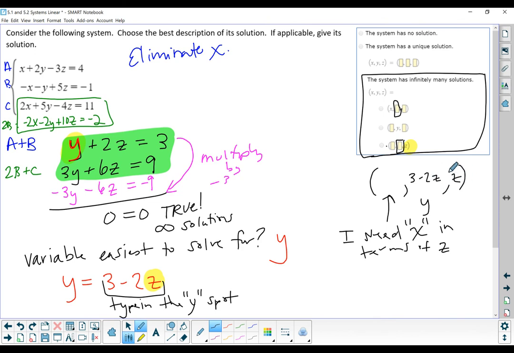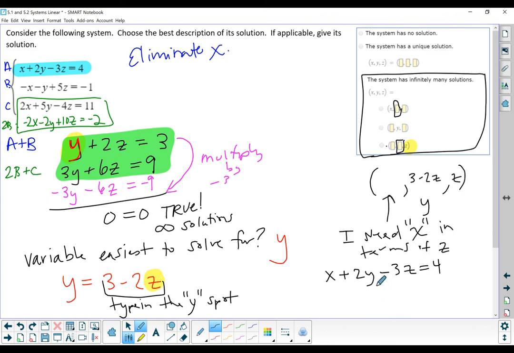We're doing this all in terms of z. So I'm going to use this very top equation. The reason I'm choosing this very top equation is because it's easy to get the x by itself. So I have x plus 2y minus 3z is equal to 4.